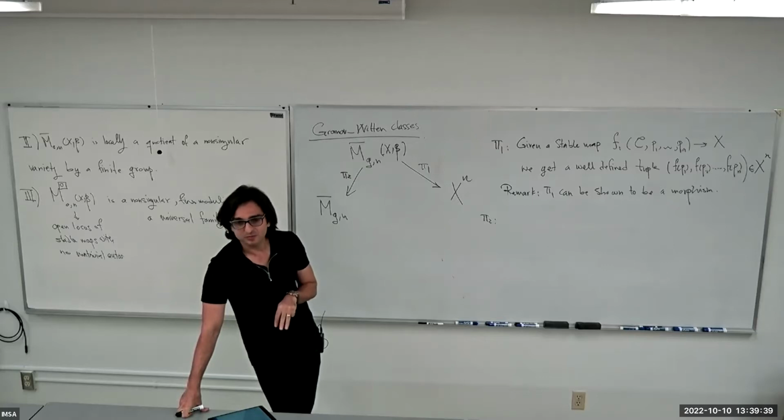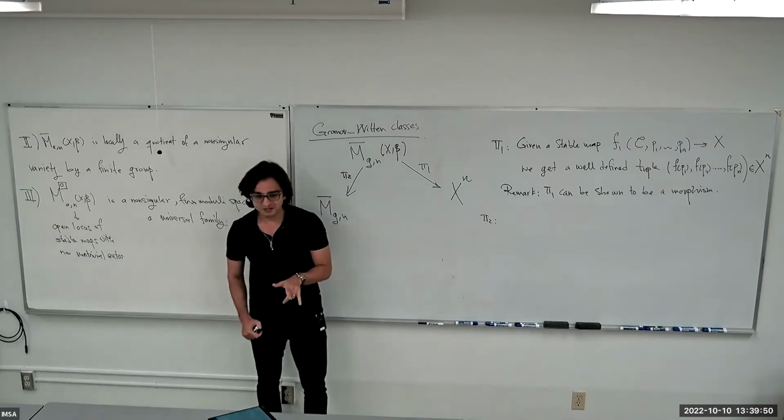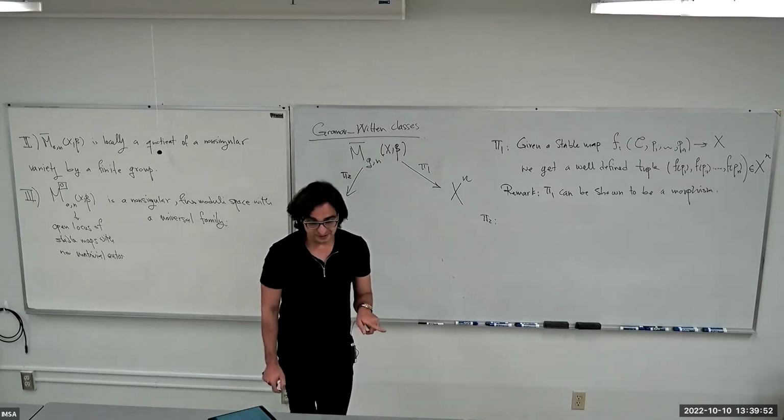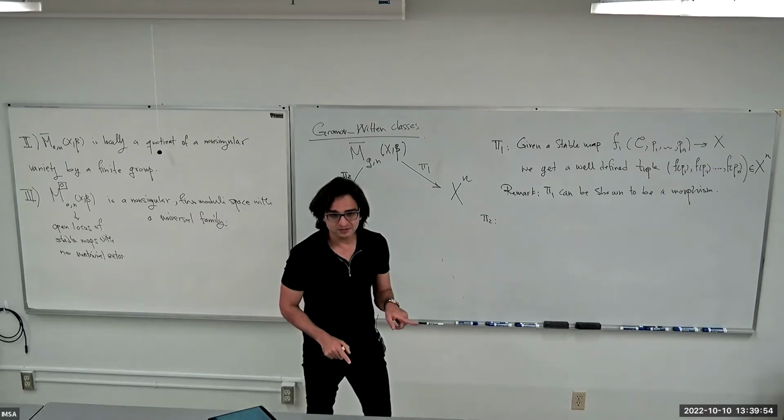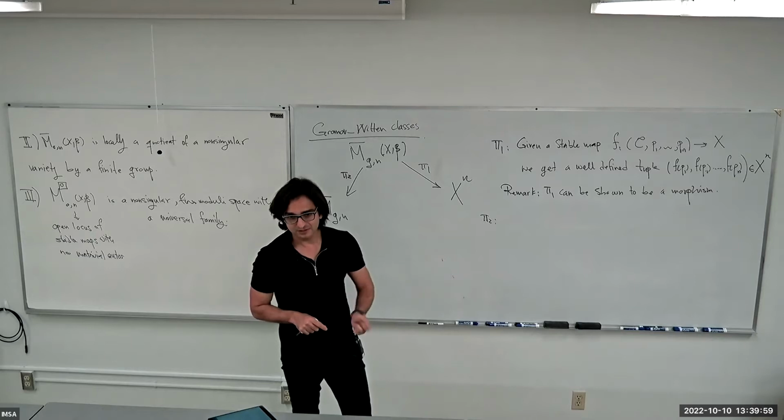So you put at least 3 points on it. Okay, genus 1. Well, you have two options. Either the map is non-constant, in which case you're fine. That's finite automorphism. Or it is constant. If it is constant, then again, you don't like to allow dilations. So you put at least 1 point on the genus 1 component. That fixes the map. Even if you post-compose, you will get finitely many possibilities.